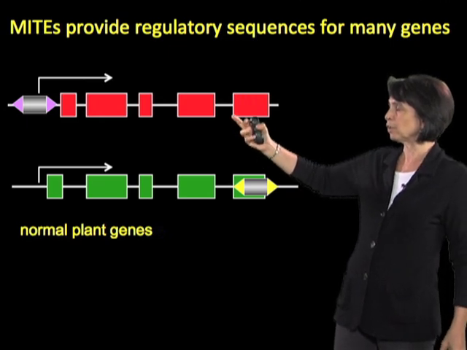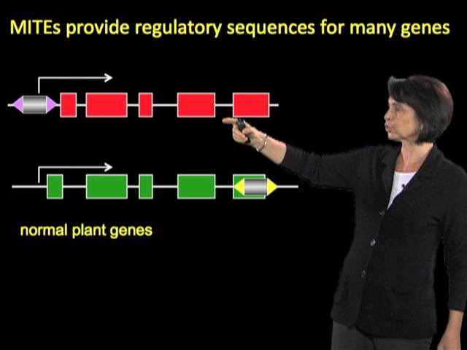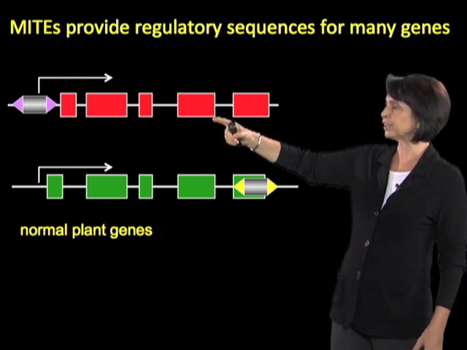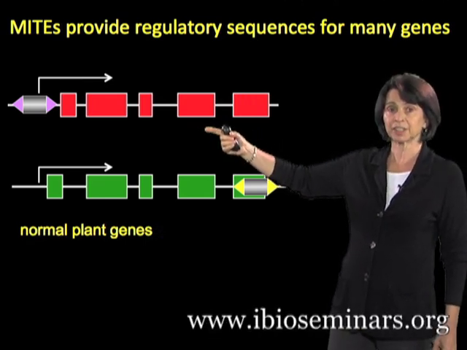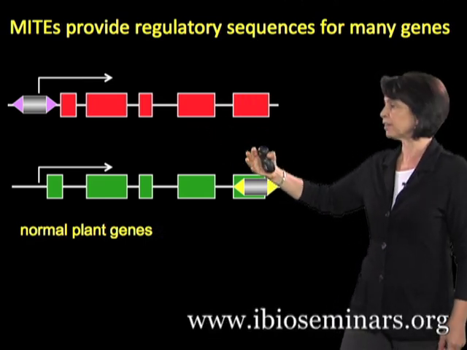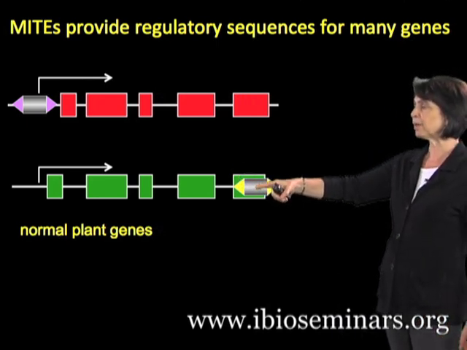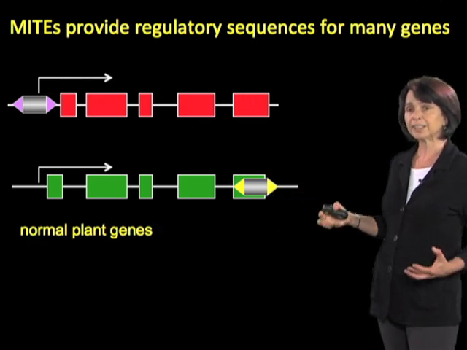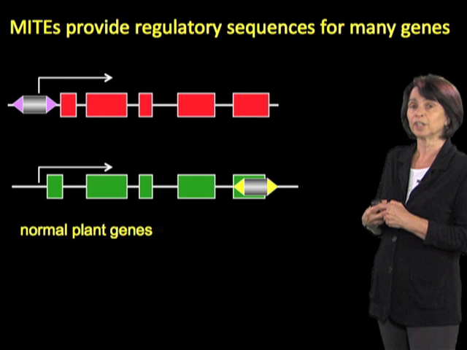In the first one, we see the red exons, and what I'm showing is that the sequences that initiate transcription are actually derived from the MITE sequence that's in the promoter region. Similarly, there are other examples of wild-type genes that have mites that in fact carry the sequences for transcription termination. So mites carry, in some cases, regulatory sequences that are used by genes.